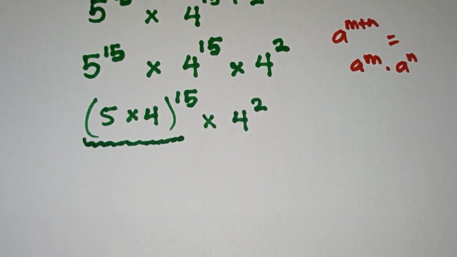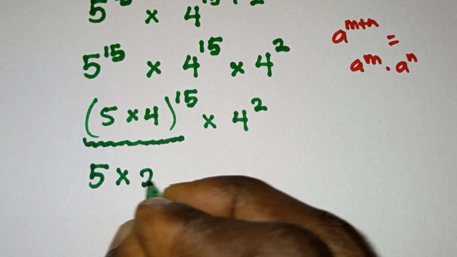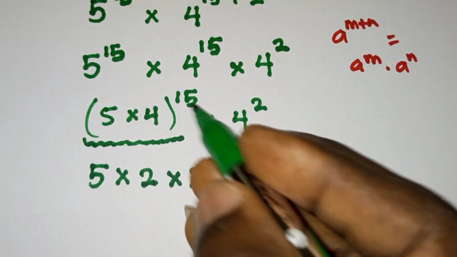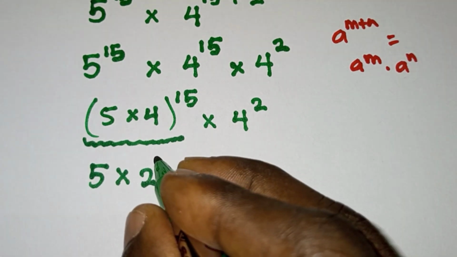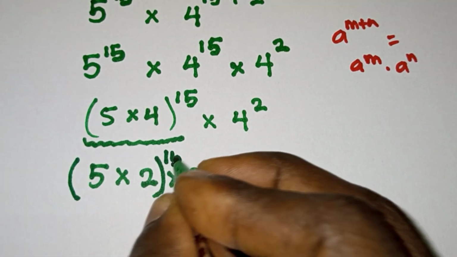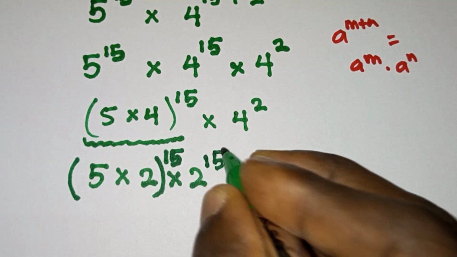From here, we can write it as 5 times 2 times 2, then all to the power 15. So we can put the whole of this to the power 15, then these two also to the power 15.